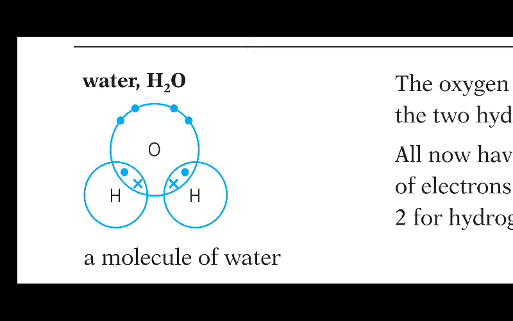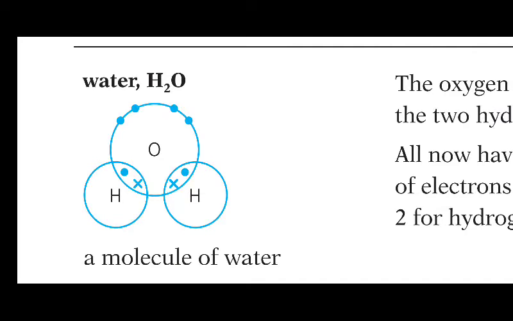Then we have water right here, H2O. You can see that they call it a molecule of water because all the elements that make up this compound are nonmetals. You have hydrogen, then another hydrogen, and an oxygen, all of them nonmetals. The first hydrogen on the left has an X as its electron, sharing one electron with oxygen.